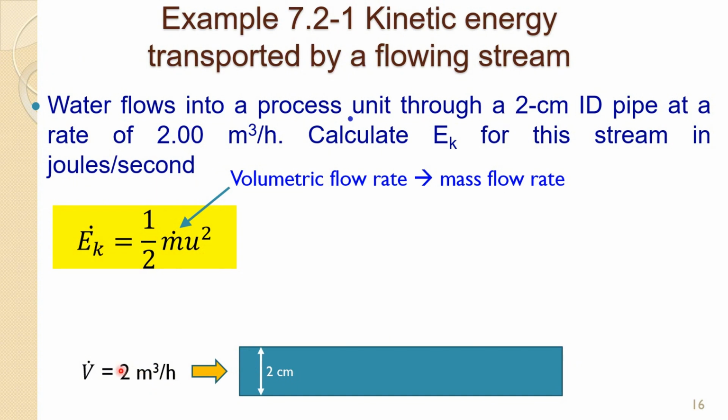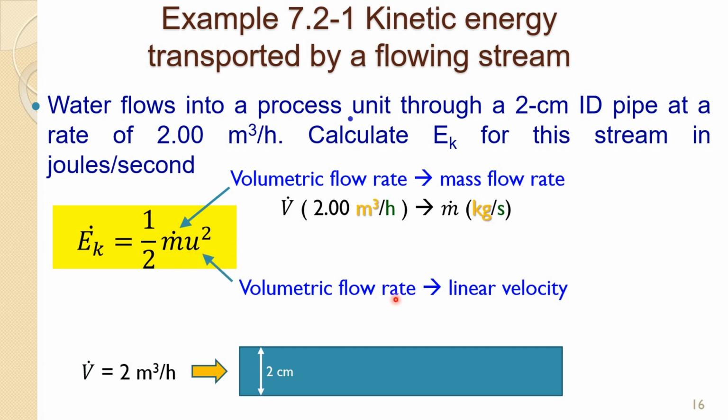So this is the volumetric flow rate. Linear velocity will be what? To change the volumetric flow rate to linear velocity, you have a diameter, so you divide by the area. This will become linear velocity.